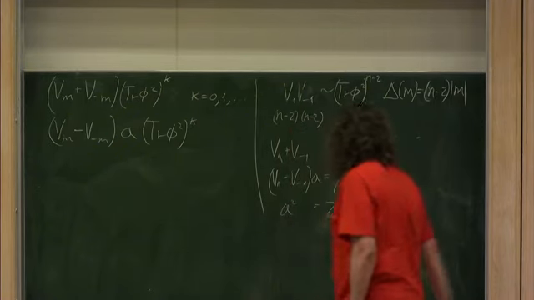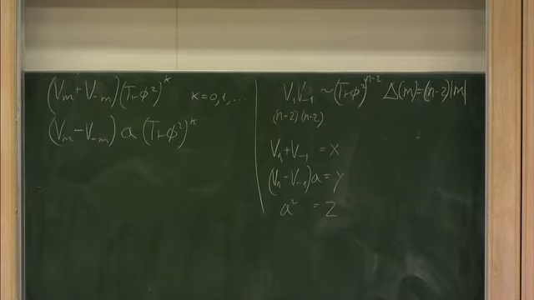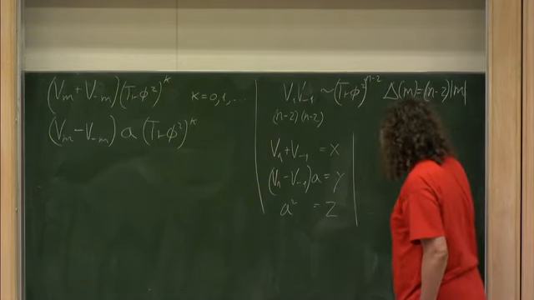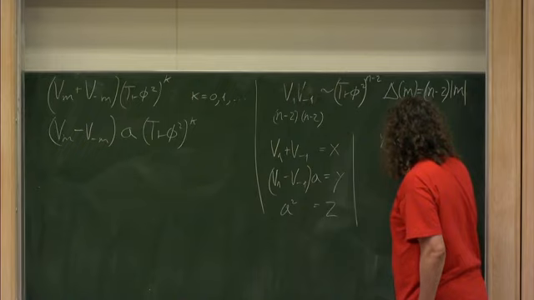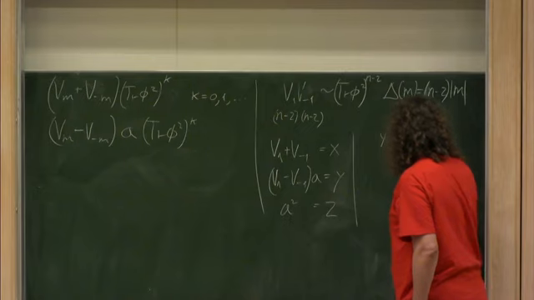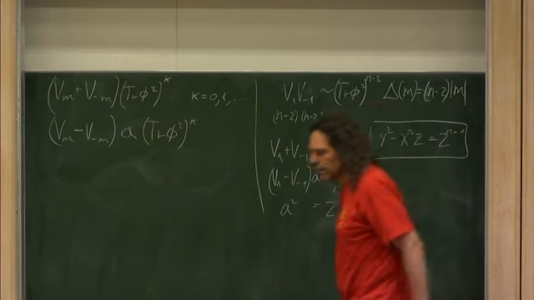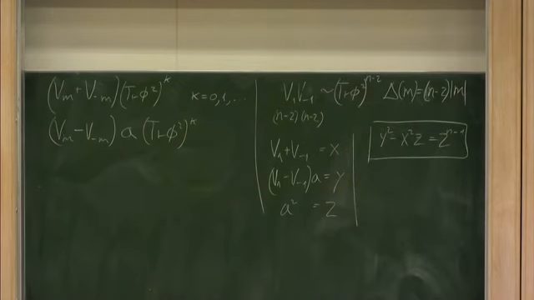I'll call this Z. And from here, with all of the ingredients that I put, you could check that you get Y squared minus X squared Z equals Z to the n minus 1. So this is the D-type equation. And again, I got the D-type equation just by specifying explicitly the set of functions.